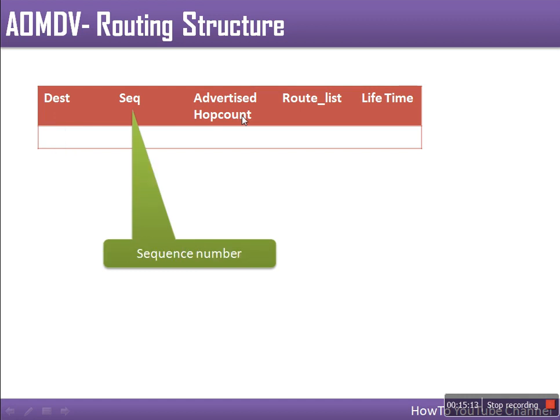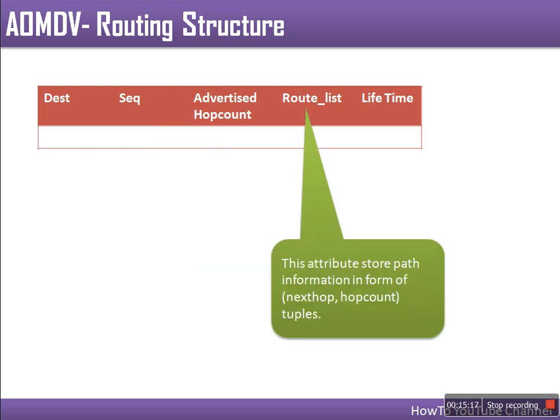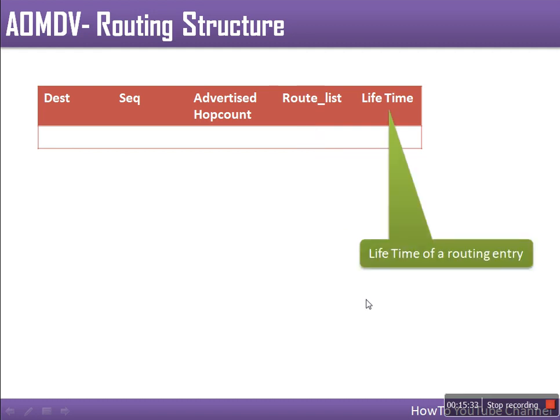Sequence number is the same, it specifies how fresh the information is. Route list: now instead of next hop which is used in the AODV routing protocol, here a route list is used, and this list stores tuples of next hop, the hop count for that hop, and lifetime.